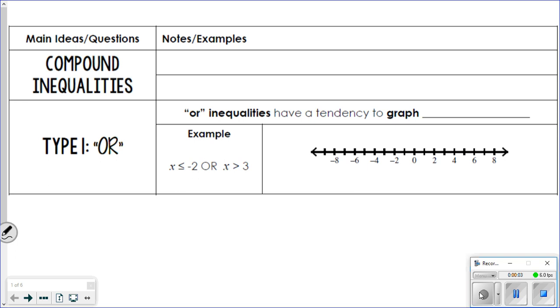Today we are going to do a note sheet and examples on how to solve compound inequalities.